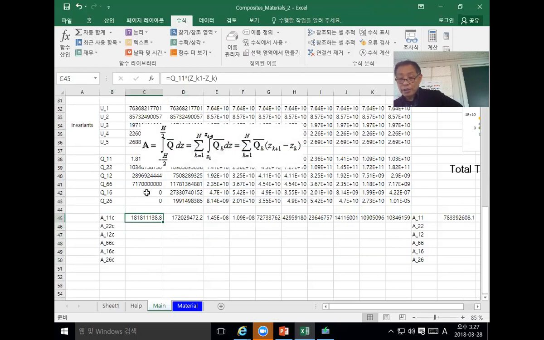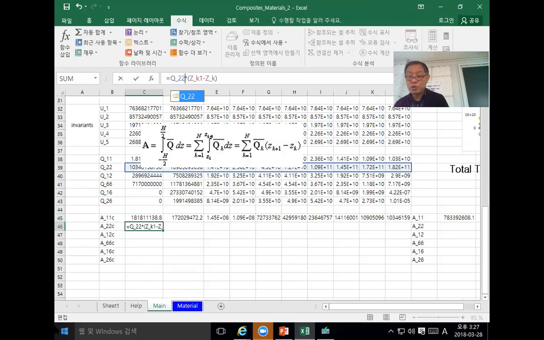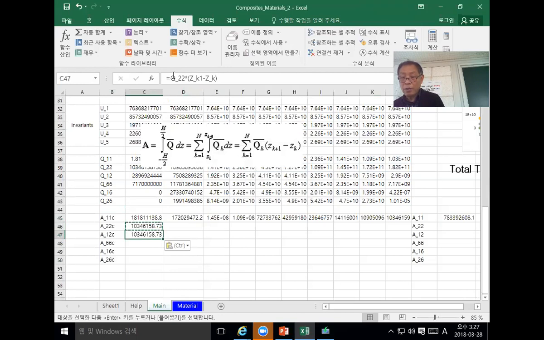Okay, so next we move to A22. For A22, we simply change this one: instead of Q11, we have Q22, and here, instead of Q12, we have Q12.